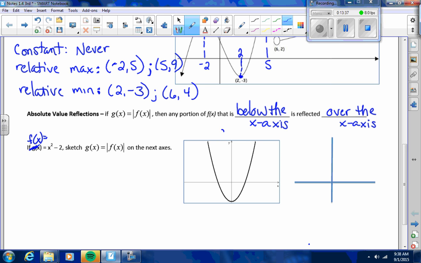So this is our function f of x. The function is x squared minus 2. So what is this point right here? 0, -2. Okay. Now think about if you did the absolute value of -2, what does it become? +2. So instead of being down there, it's going to be up here. Any part of the graph that is below the x-axis will be reflected over the x-axis. Now what's important to know is your zeros stay the same.